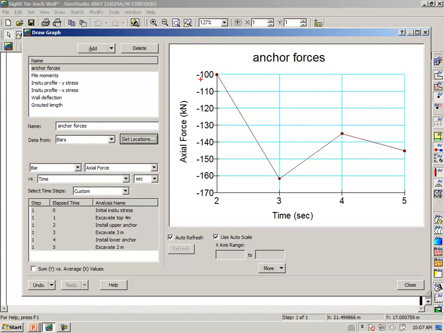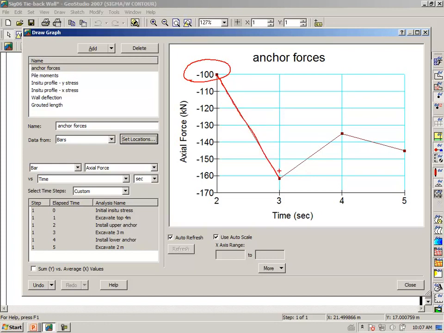Notice that we had a pre-stress of 100 kilonewtons, minus meaning tension. Then when we excavated the middle 3 meters, the tension increased in the free length.